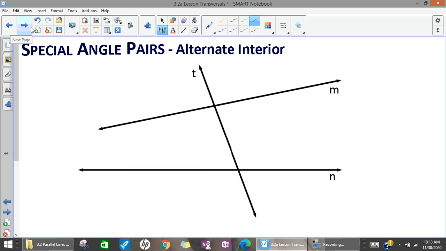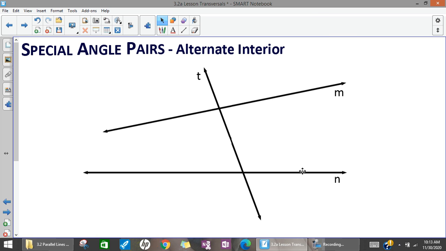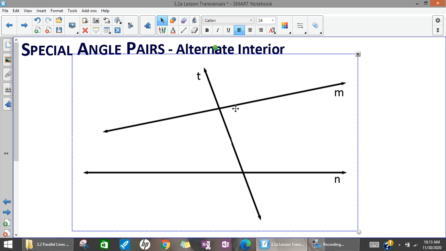So now I'm going to use these words interior and exterior to talk about some special angle pairs formed when a transversal intersects two or more lines. In these pictures we have linear pairs and vertical angles, but linear pairs would exist without one of these lines. If I got rid of line N, I'd still have linear pairs and vertical angles up here.